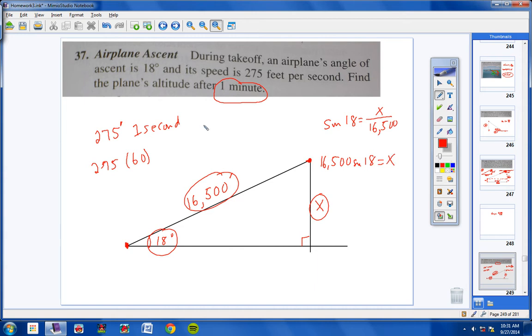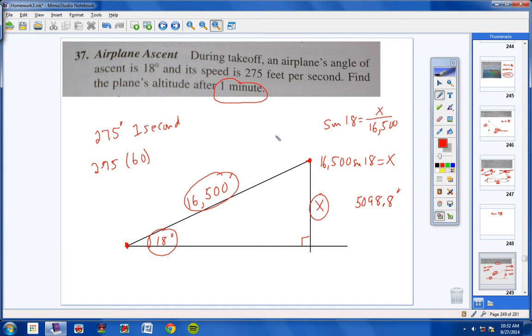So with my calculator very quickly here, I'm taking 16,500 times the sine of 18, and I'm getting out 5,098.78. So I'm going to put 5,098.8. Now that's feet, of course, students.